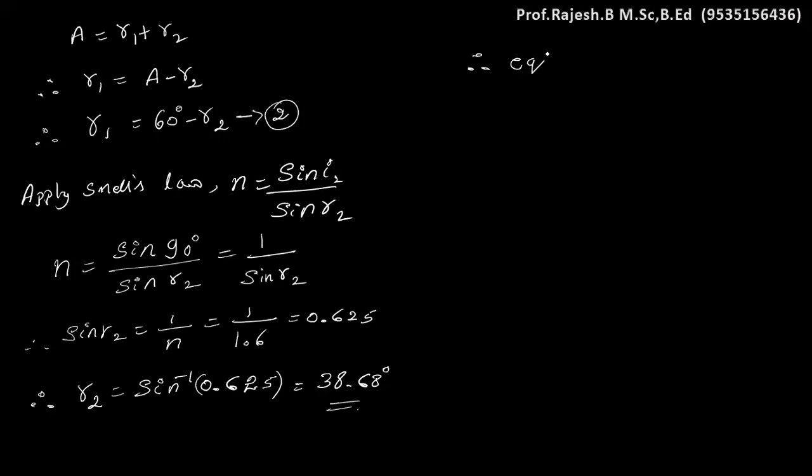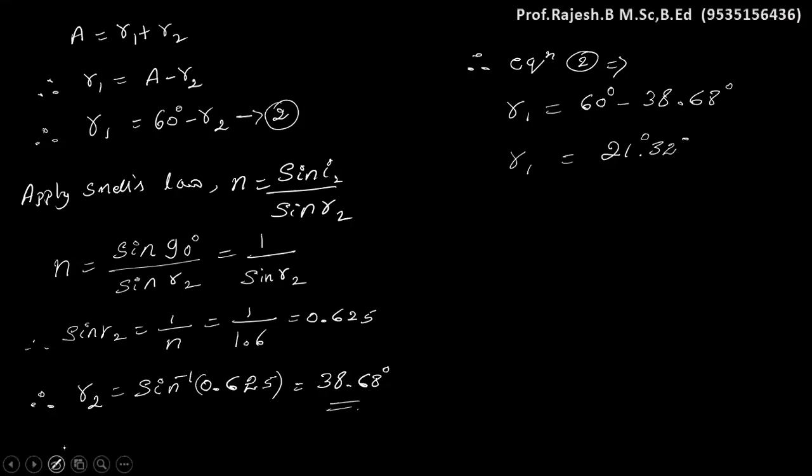Therefore, equation 2 becomes r1 is equal to 60 degree minus 38.68 degree. So for the r1, I'm getting 21.32 degree. So we got the r1 value.